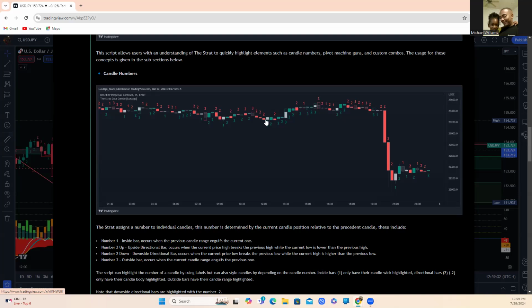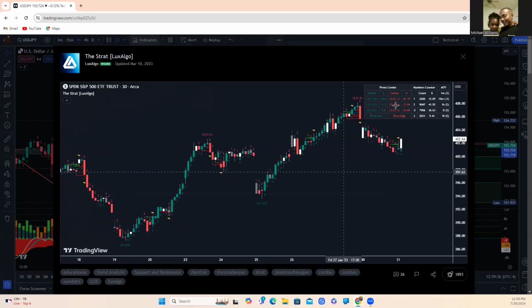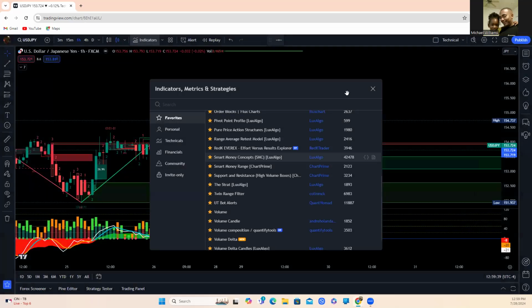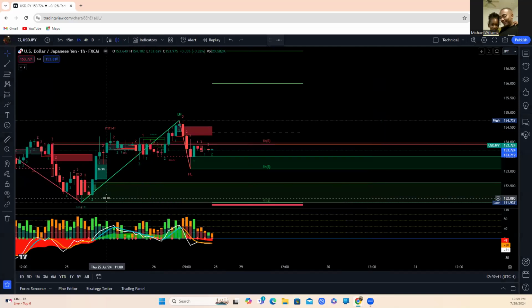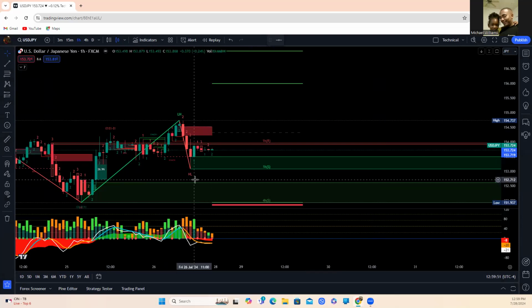Now we're going to get into scenarios on where we can utilize this and put this into our trading strategy. For illustration purposes, we know that we're trading off of key areas, key zones, supply and demand.